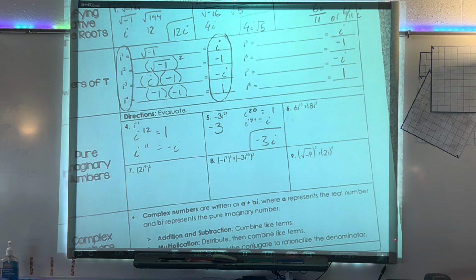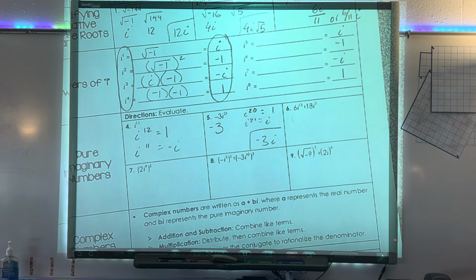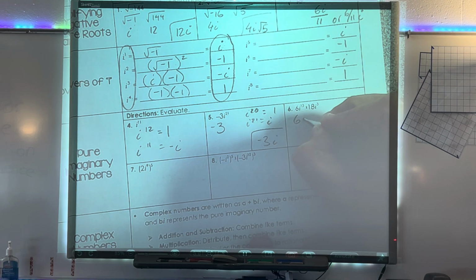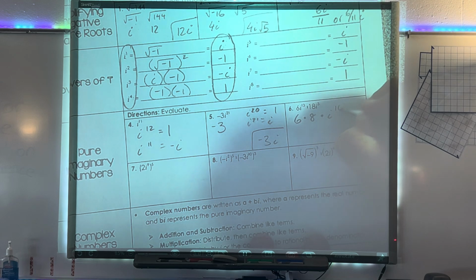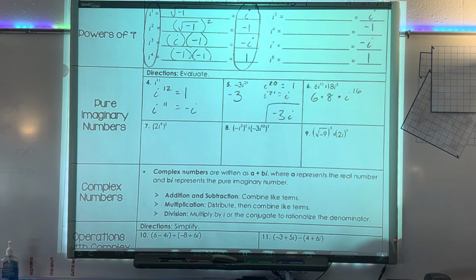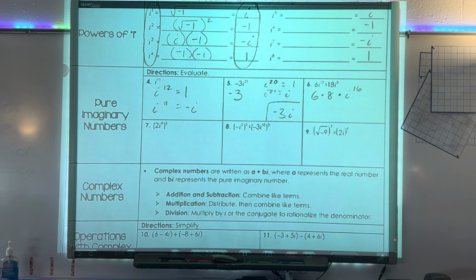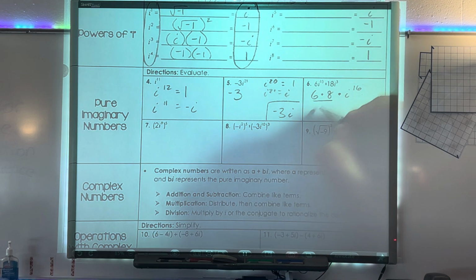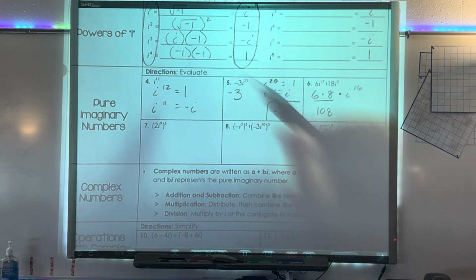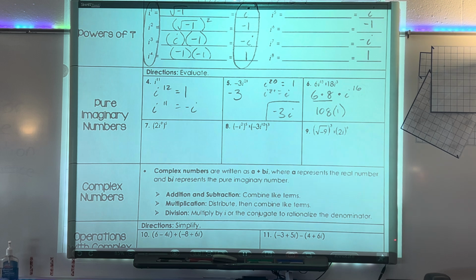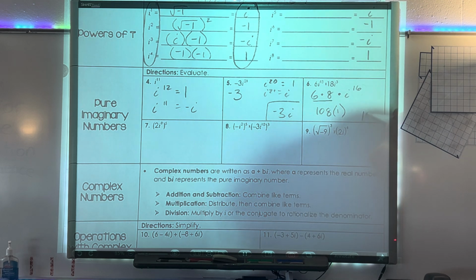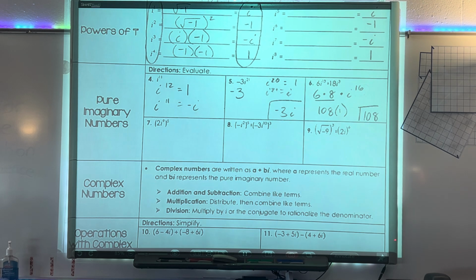So we do basically 6 times 18 times i to the, looks like we have 16 now, because you treat i like a variable and we can add the powers. So that's 108, and i to the 16 falls right here at the 4th, which is just going to be 1. Y'all okay there?